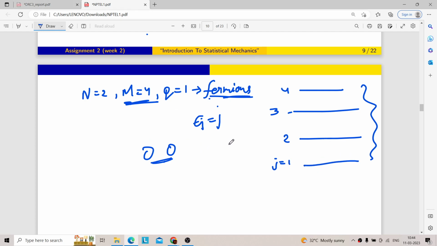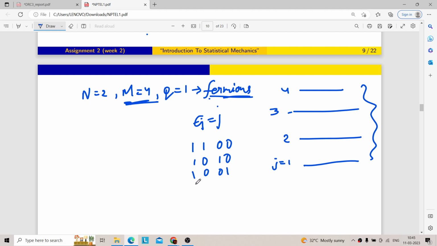So what we can do, we can arrange these 2 balls as 1 1 0 0, or 1 0 1 0, or 1 0 0 1.